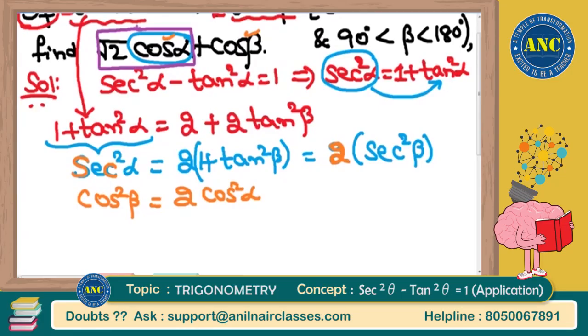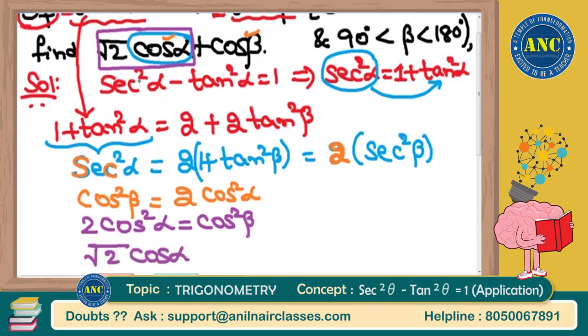If I reverse this equation for your better understanding, 2 cos square alpha is equal to cos square beta. Now if I take the square root on both sides, root 2 cos alpha, which I require for my question, is equal to the square root of cos square beta, which is plus or minus cos beta.